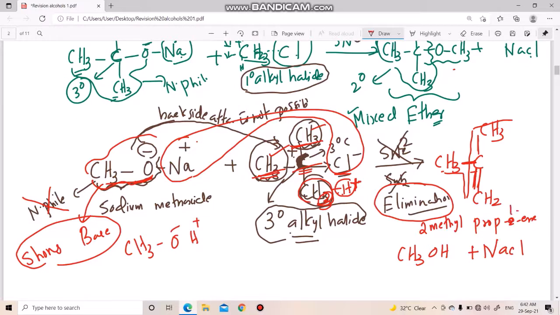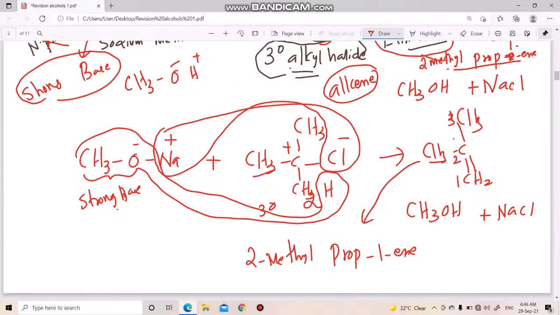Sorry, prop-1-ene. 2-methylprop-1-ene is the main product. So what do we get? Alkene. Alkene in the product. Okay, so what is the final product? In the case of tertiary alkyl halide, what is the final product? Alkene in Williamson synthesis, not ether.